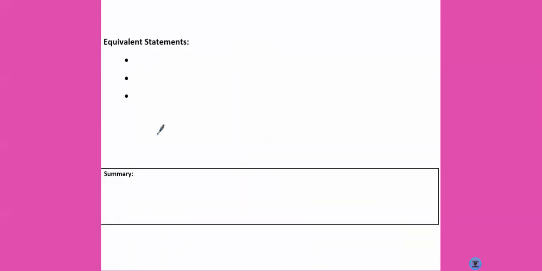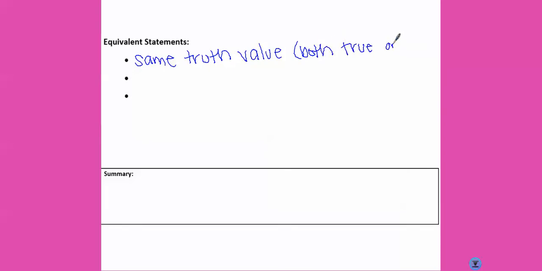So equivalent statements. Equivalent statements have the same truth value. So both are true or both are false.